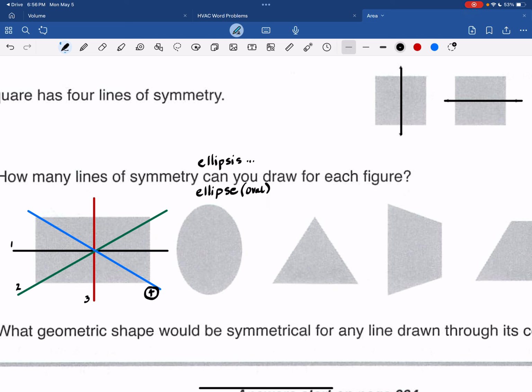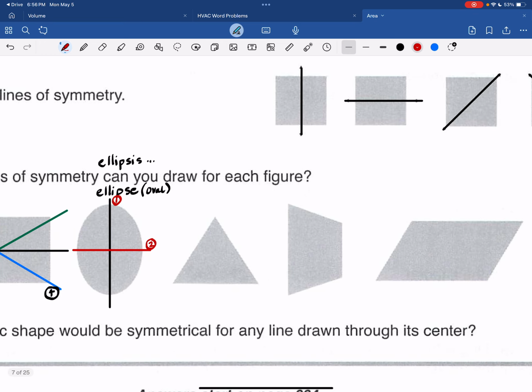And an ellipse has 2 lines of symmetry. You have the vertical and the horizontal. I've seen this on employment tests before, and that's why I wanted to show it to you just in case. So an ellipse has 2 lines of symmetry.